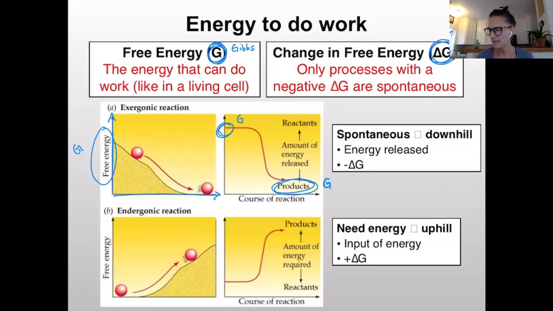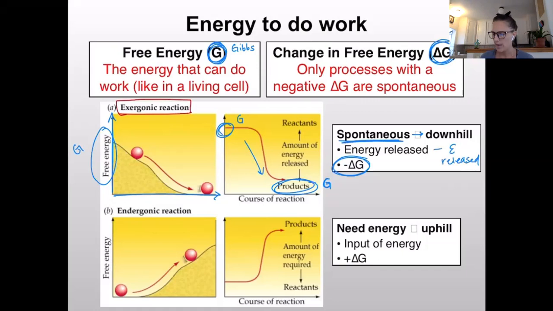So the reactants had more energy than the products, and so that is considered a negative delta G, right? So we went down. In this process, you get energy released, right? So energy is released when you have a negative delta G, and this is by definition called a spontaneous reaction, right? In this regard, the ball was going down the hill. Okay? And we're going to talk in a second about how that is considered an exergonic reaction.